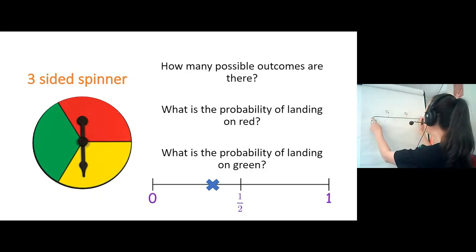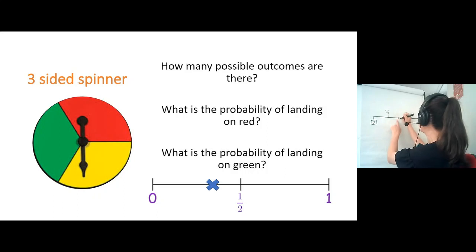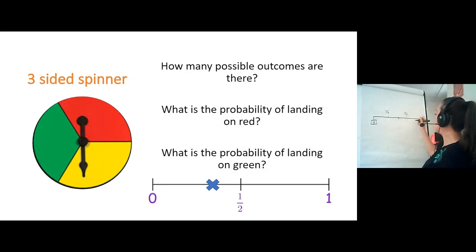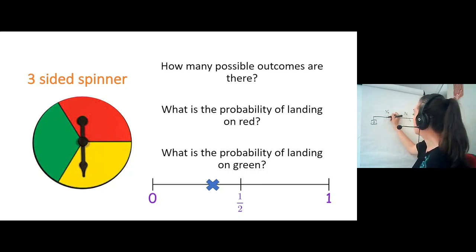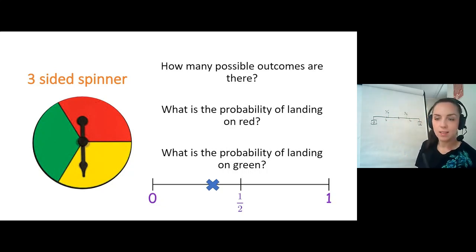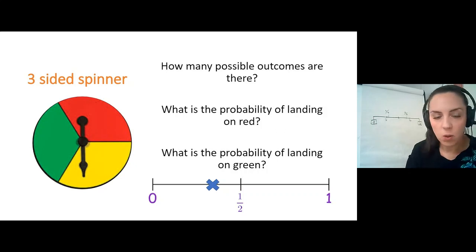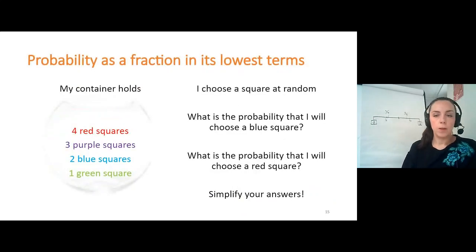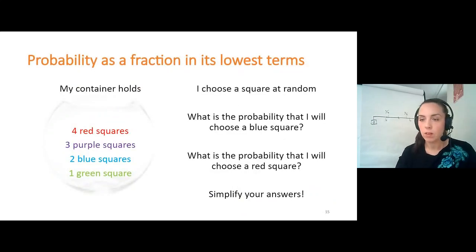But if you imagine a half is going to be about here, and 3/4 about here, and a quarter is going to be about here. Does that help? Fabulous. So we can always go backwards. It's not a problem at all. So get rid of that.